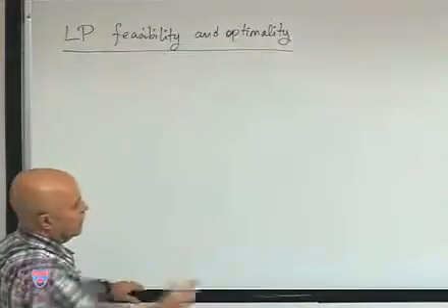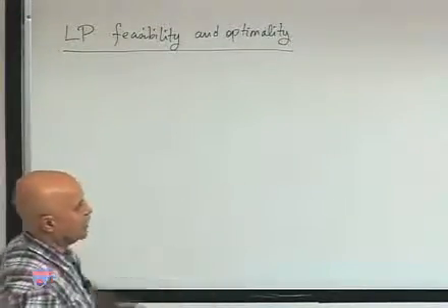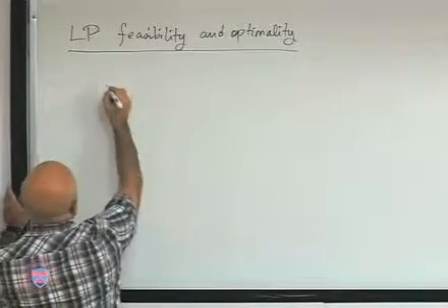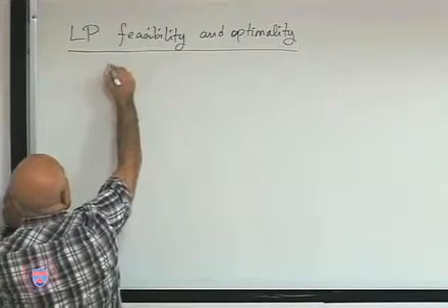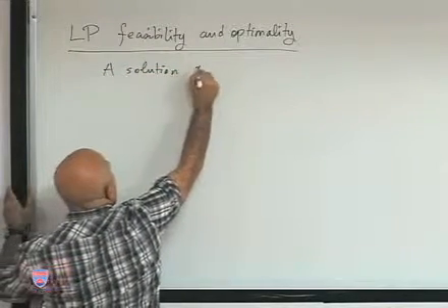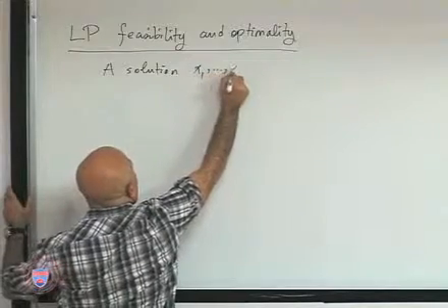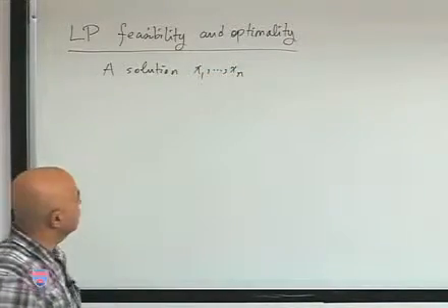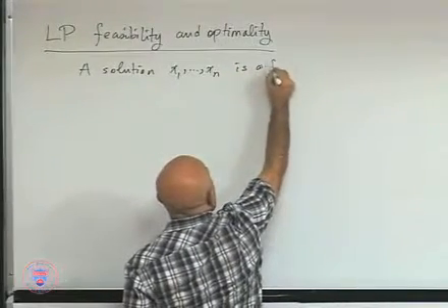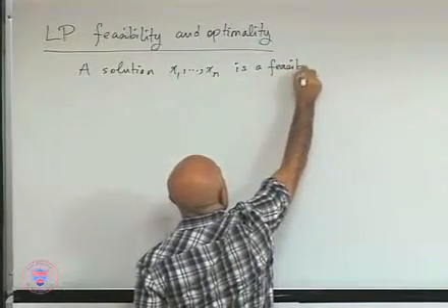And referring back to any of these problem versions, the feasibility refers to the following: a solution x1 through xn is a feasible solution. This is a definition.